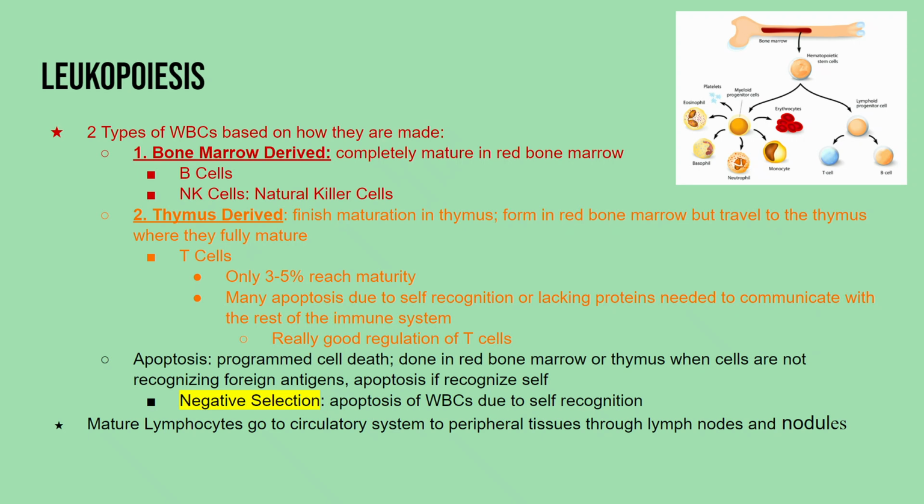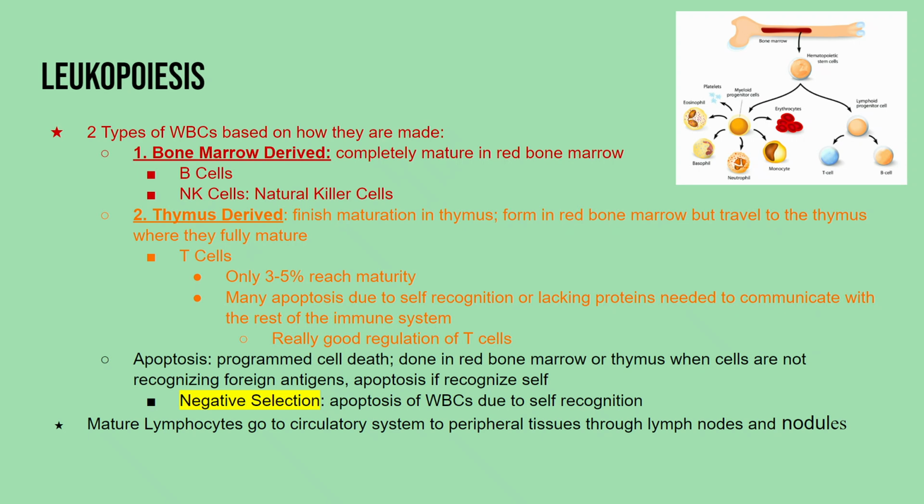So that's why it's really important that there's really good regulation of T cell formation in the thymus, because if the T cells were not regulated properly, then the body may initiate an immune response on its own cells.